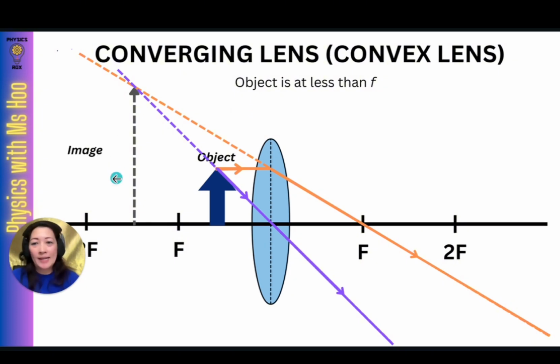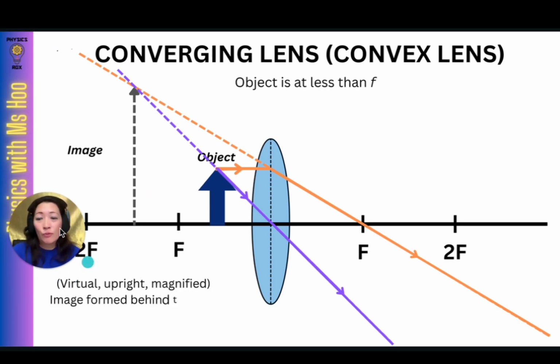Now let me explain a little bit about the dotted image. Remember, every time at least one of the lines that make up the intersection point for the image is dotted, you should draw the image as a dotted image. The reason why it's dotted is because it is a virtual image. A virtual image is an image that cannot be projected on a screen. In the earlier slides, we drew the images with a solid line because they're real.